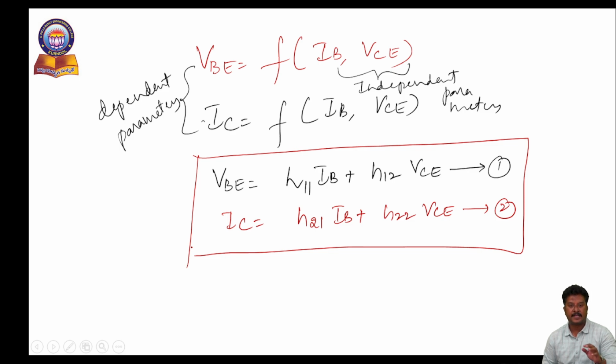Based upon these equations, we have to model the internal behavior of a transistor. Without help of these equations, without knowing which one is a dependent and independent parameter, it's very difficult to find out or to define the internal structure of a transistor. If you carefully observe, everything is represented in the form of currents and voltages, and in some cases we used to have dependent or independent voltage sources and current sources.